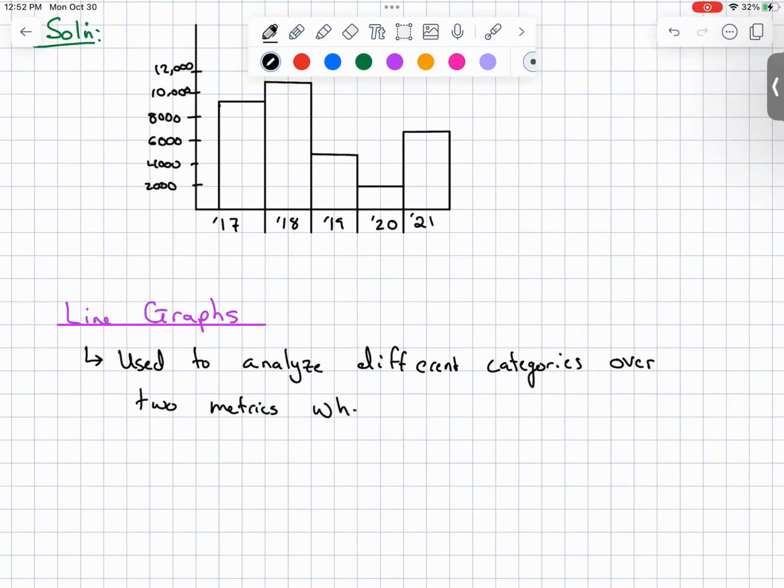Where each line represents a different category.